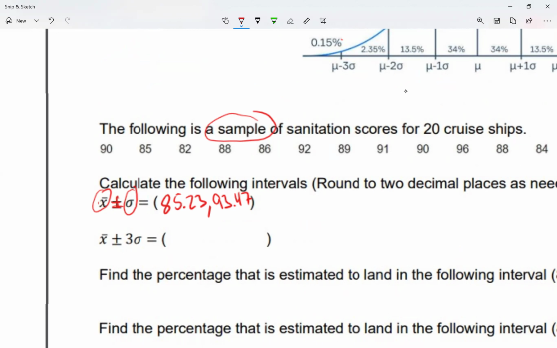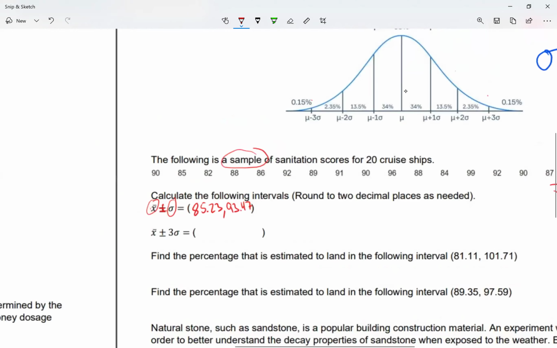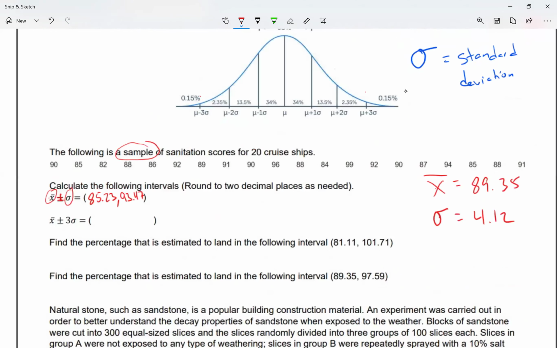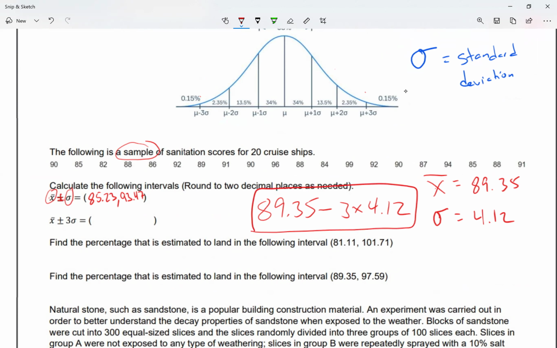Okay, now for my next example, I have average plus or minus 3 standard deviations. So it might be like, okay, Mr. Leonzo, what am I going to write on my calculator? Okay, I'm just going to type in 89.35 minus 3 times 4.12. Let me put a little rectangle, so you know what I'm typing in on my calculator. I went average minus 3 times the standard deviation. I type it all together.